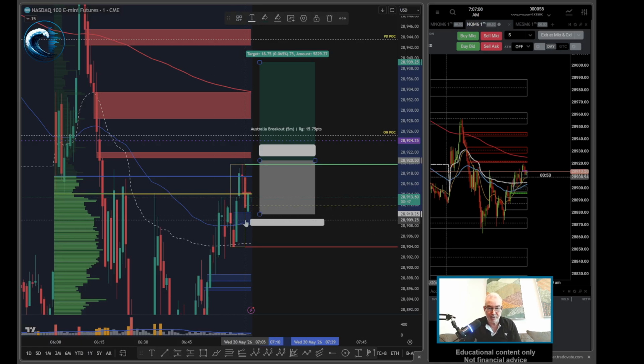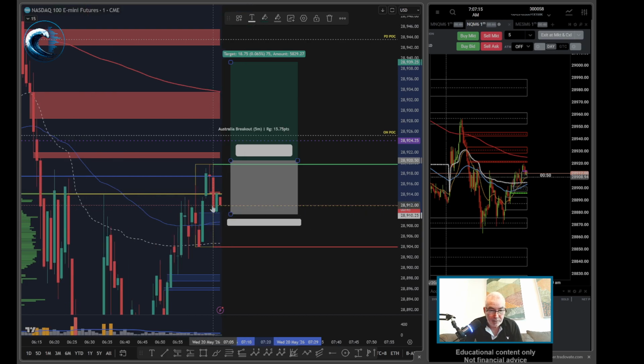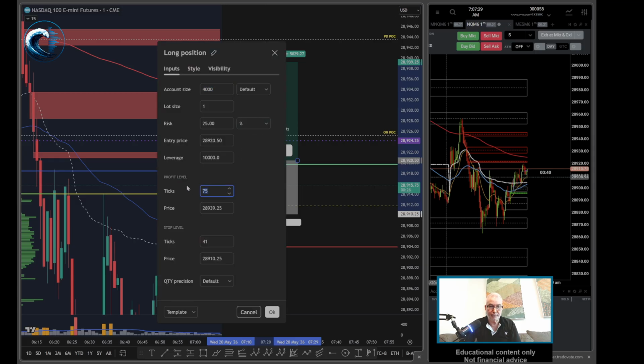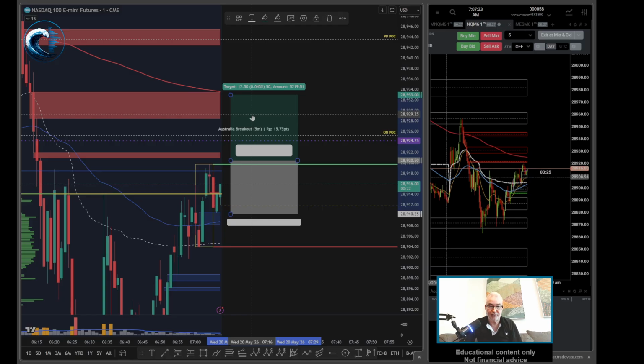This is the only way I use fair value gaps. It's not totally mitigated, so it hasn't been fulfilled, that whole area. So that would have been a good chance to put my stop there. And if I was only chasing 50, I still would have chased probably 50.